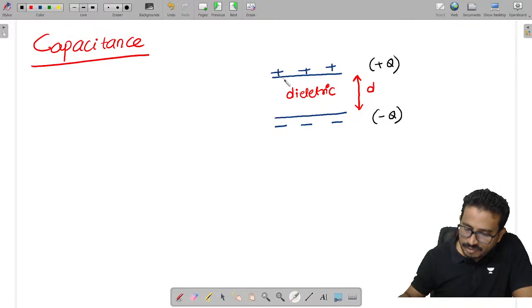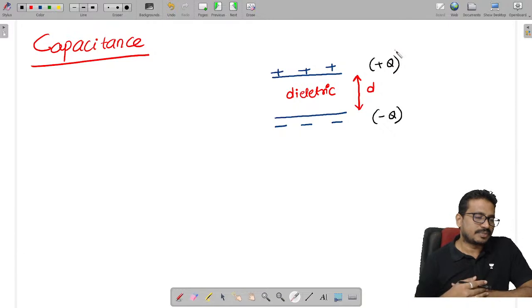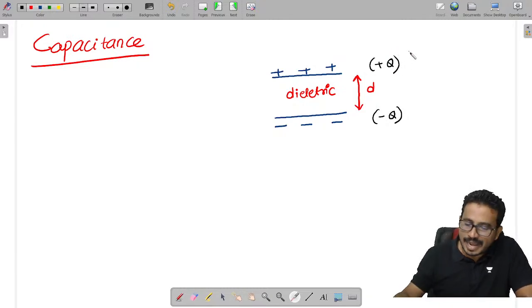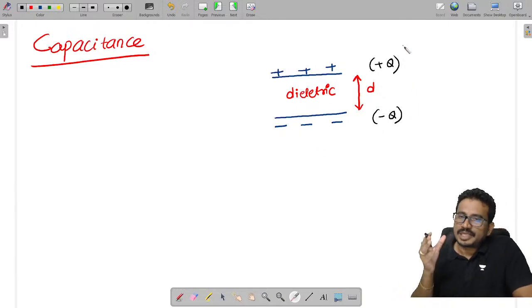This arrangement is called a capacitive system, and this capacitive system has the ability to store energy in the form of electric field.